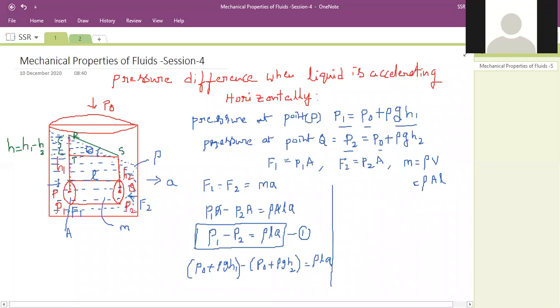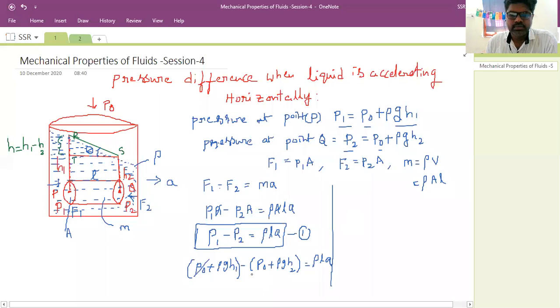Here P naught cancels. Then rho g H1 minus rho g H2 is equal to rho L a.